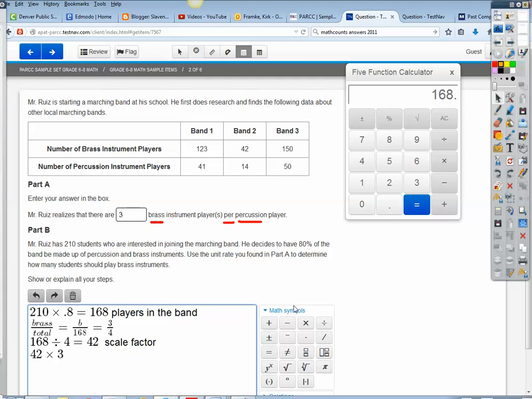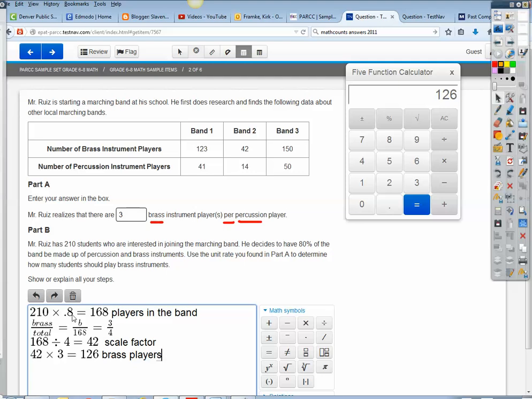And so let's go ahead and do that. We have 42 times 3. And so I have 126 brass players. And so this way, at least I show every step that I do.